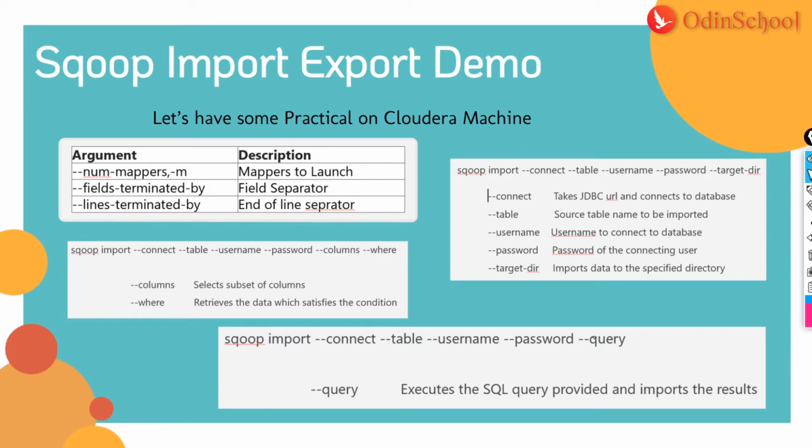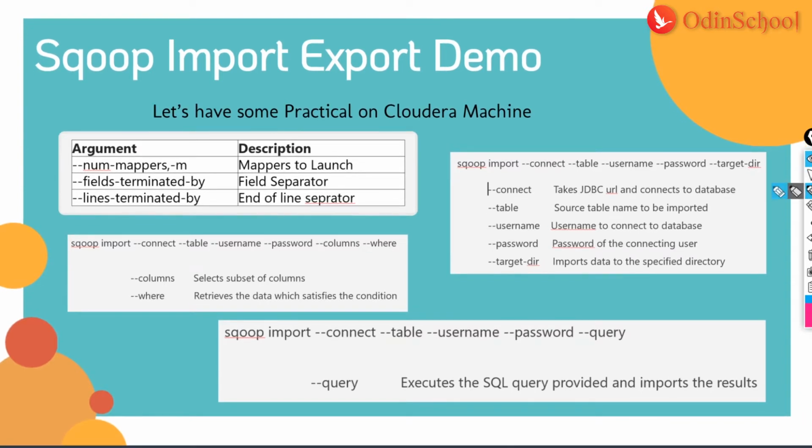So let us have a quick demo on the import export utility, and we will use the Cloudera machine which we are using since beginning. So we will be having Sqoop inbuilt in that particular machine. We are having MySQL RDBMS. So we are using MySQL as a RDBMS. We are having several tables in MySQL.